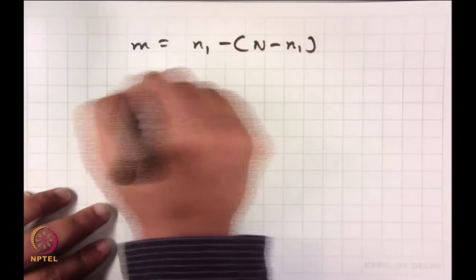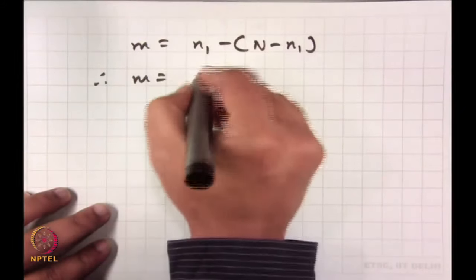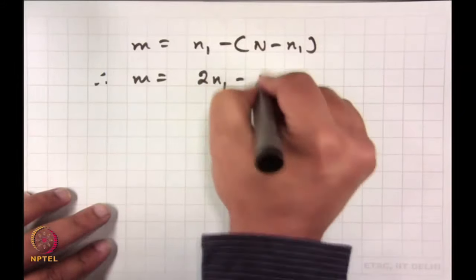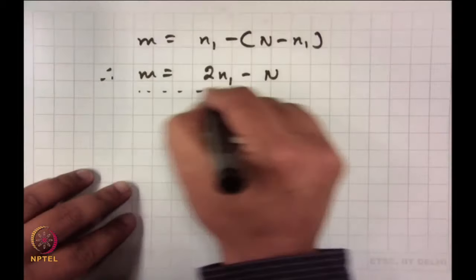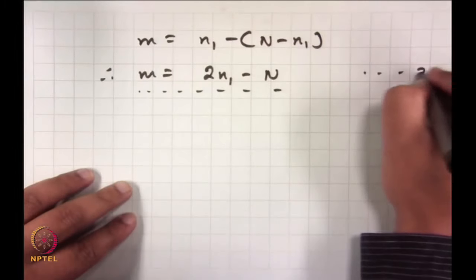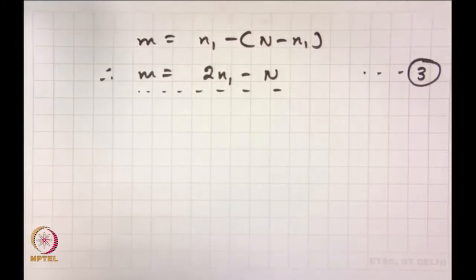Therefore, m is equal to 2n1 minus N. So this would be equation number 3. Now what I have done is I have removed n2, replaced it by a constant N, and the number of steps I am taking in the positive direction is n1.